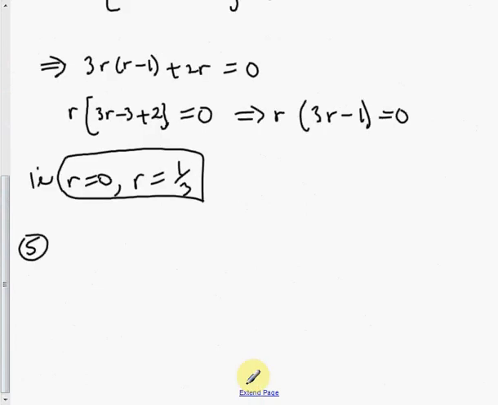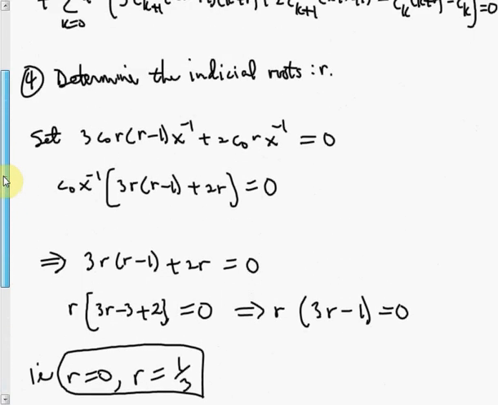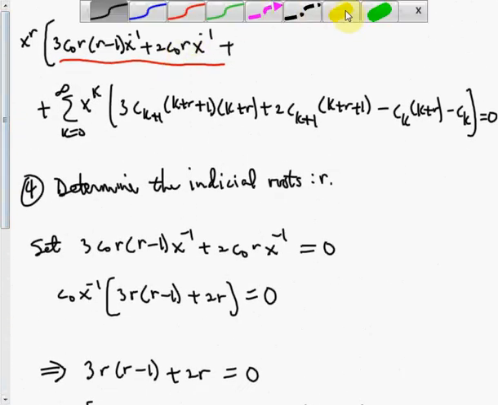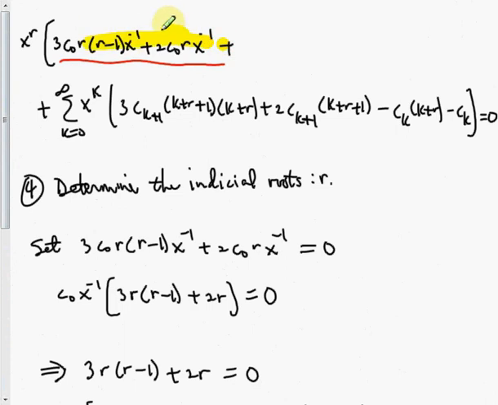Now let me show you what we have. Since r is equal to 0 and r is equal to 1/3, no need to write this first part anymore, because I know now that r is equal to 0 or r is equal to 1/3. So now I'm just going to write this summation part here. Don't forget that x to the r sitting out there.